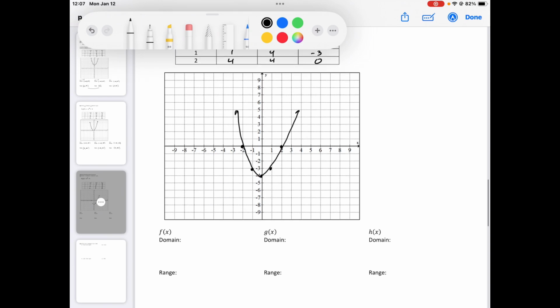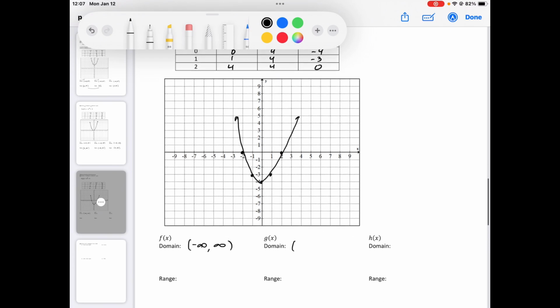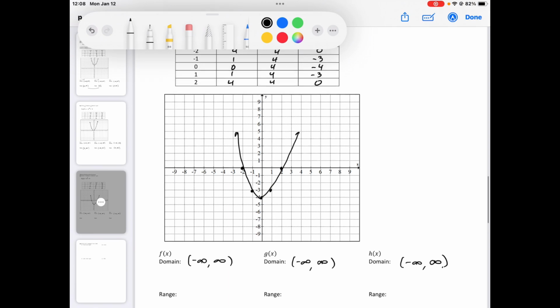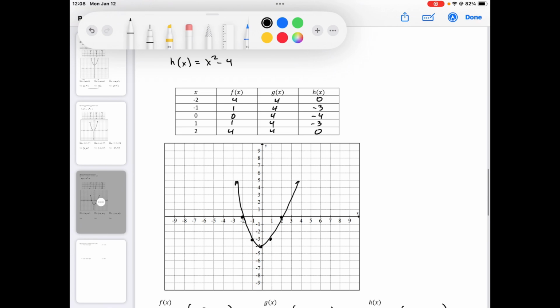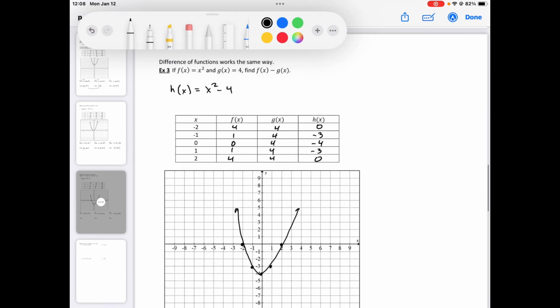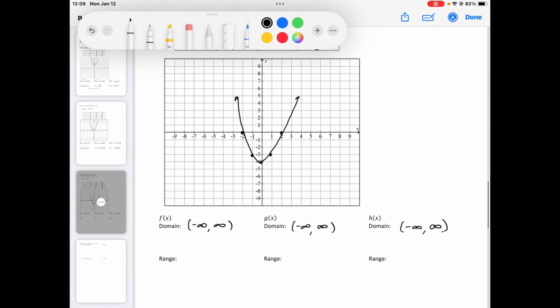My domain of my original function is all of my x values. My domain for g(x) is still all of my x values, which means that my domain for my composite function is all of my x values. My range for the first one is going to be, since I've just got x squared, so I'm still going to go from 0 to infinity.